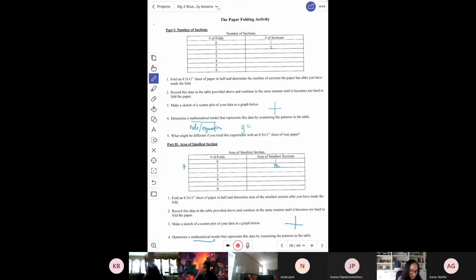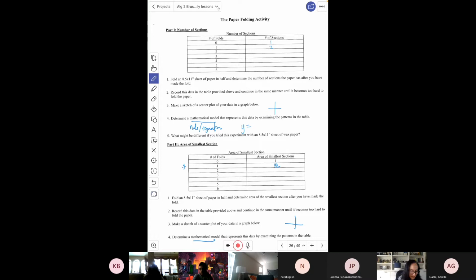If we're having difficulty getting the table of values, let me know. Okay, Natalie thinks she has the table of values.